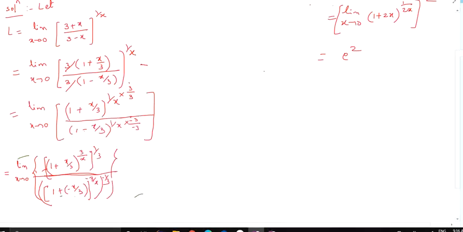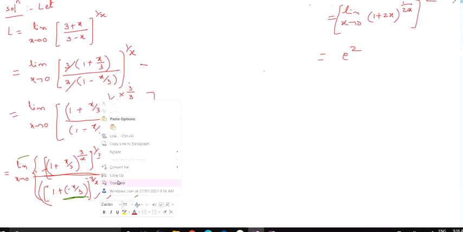That's why we have adjusted this term like that. Since it is negative, therefore the index should be negative, minus 3 by x. And here, since we have multiplied by minus 3 by minus 3, this 3 also remains minus, that is minus 1 by 3.